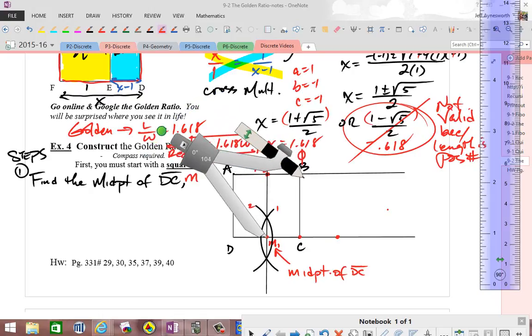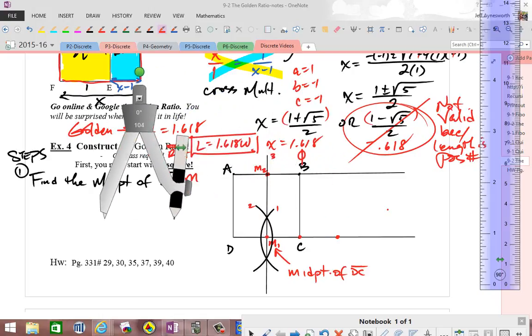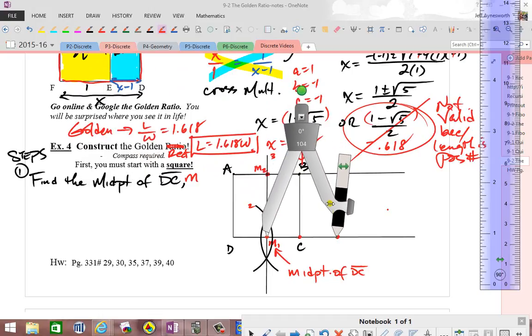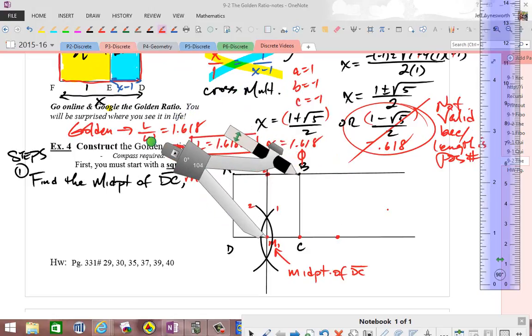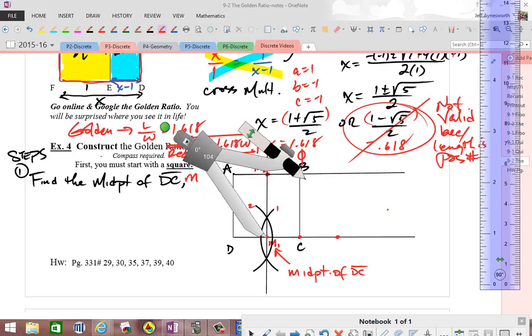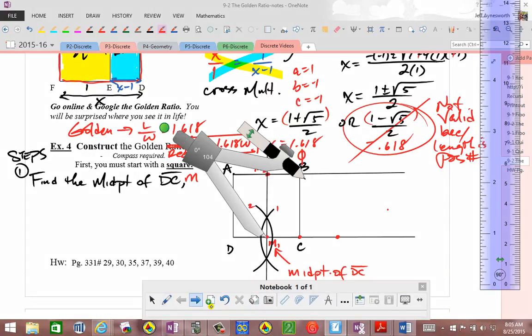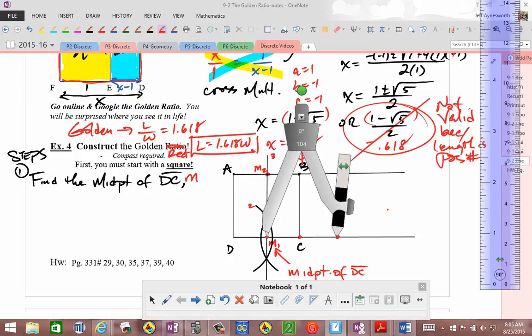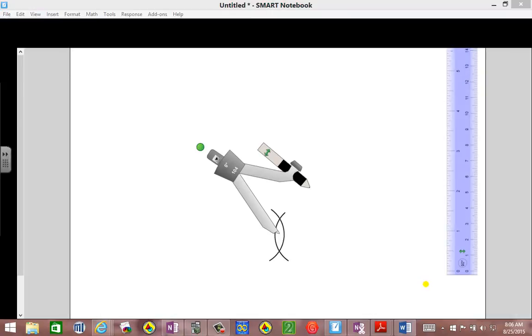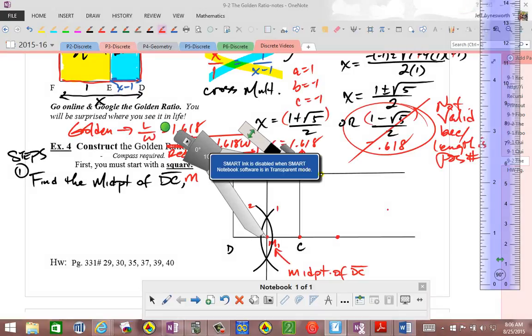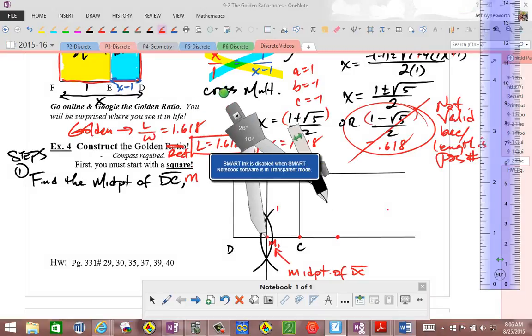Let me construct the arc again. Try one more time. Having a little bit of an issue here. Okay, let's try this again.